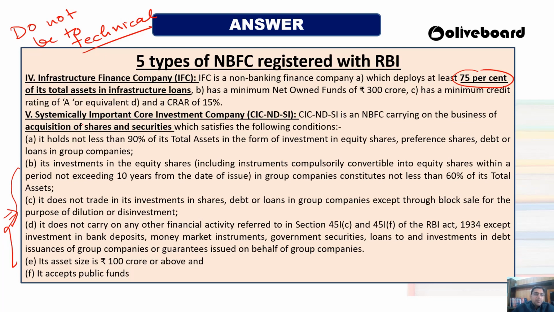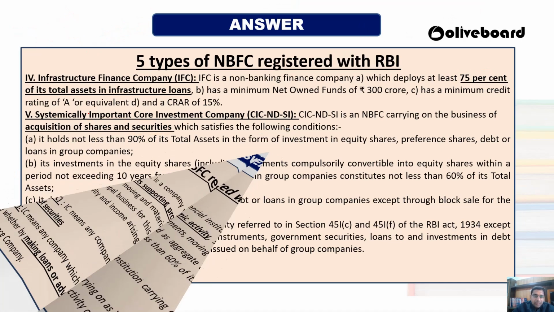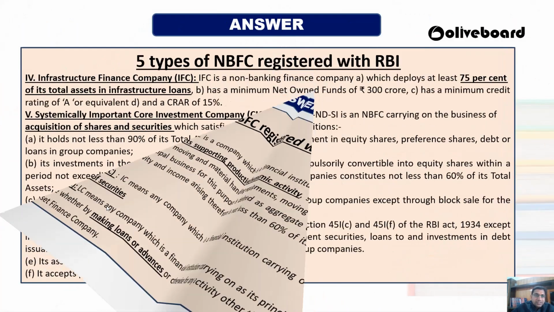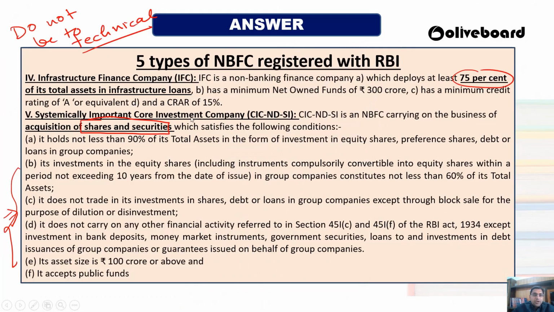And the fifth type of NBFC is the systematically important core investment company. Their business is the acquisition of shares and securities. People might ask, in the previous one also, the investment company is acquiring shares, so what is the difference between that and this one?